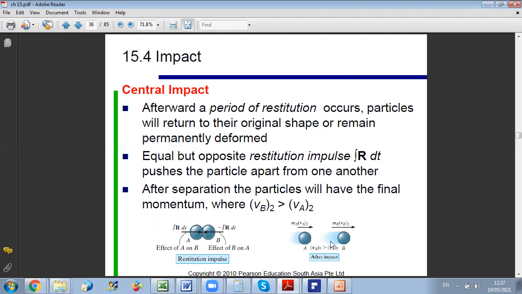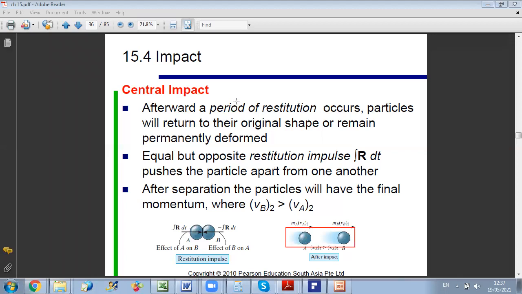And in general, what are these two equations? The first one will be the conservation of linear momentum when we consider the system of the two particles, because in collisions, the dominant forces will be the collision forces. So any other external forces to the system of the two balls will be non-impulsive forces.